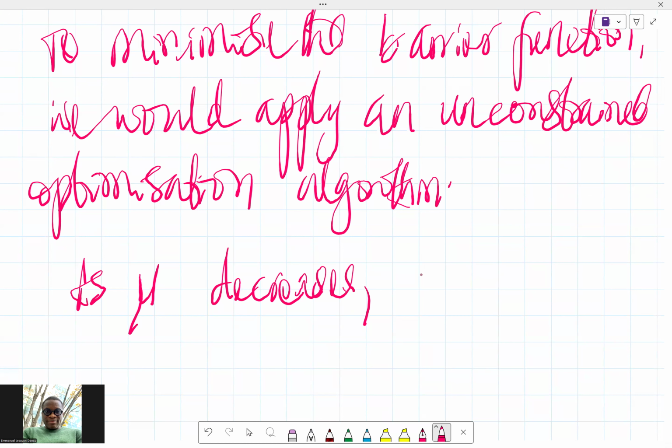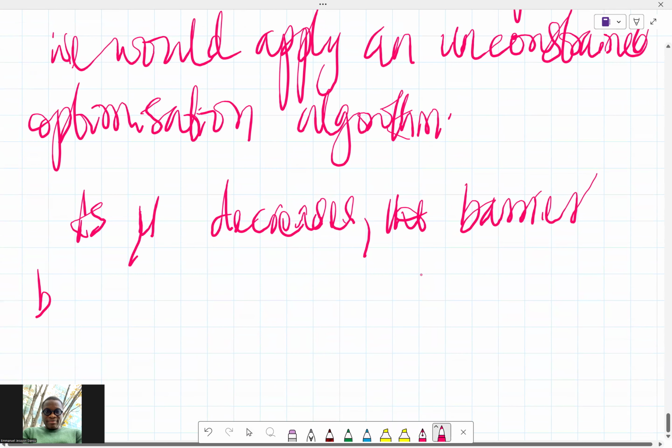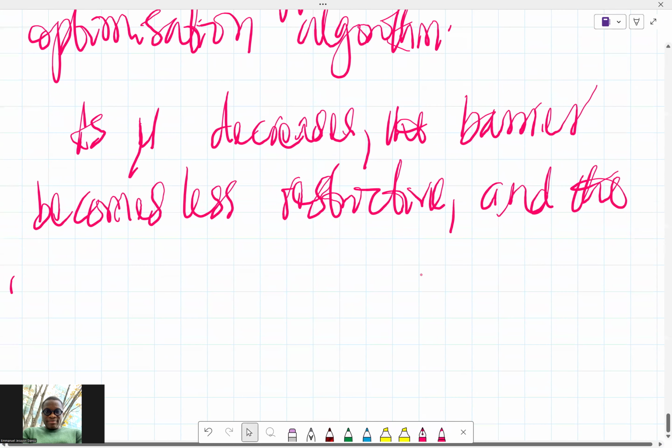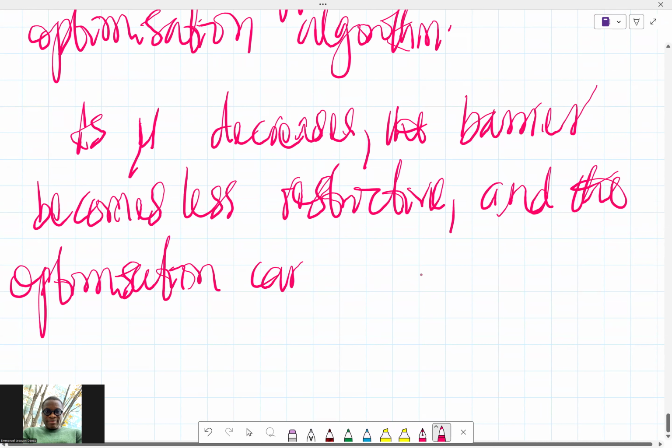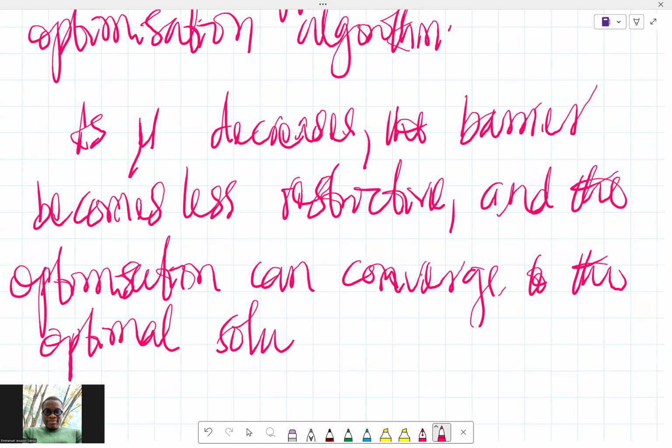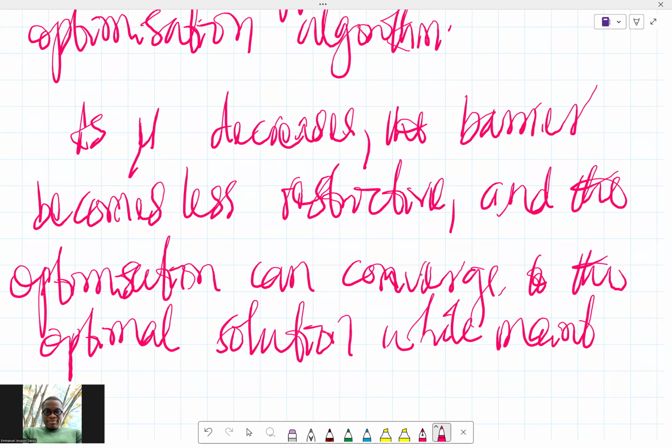As mu decreases, the barrier becomes less restrictive, and the optimization can converge to the optimal solution, while maintaining feasibility.